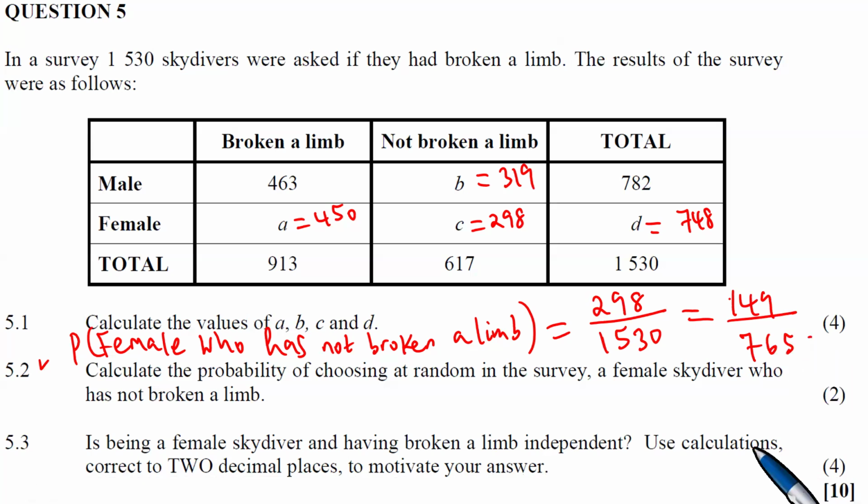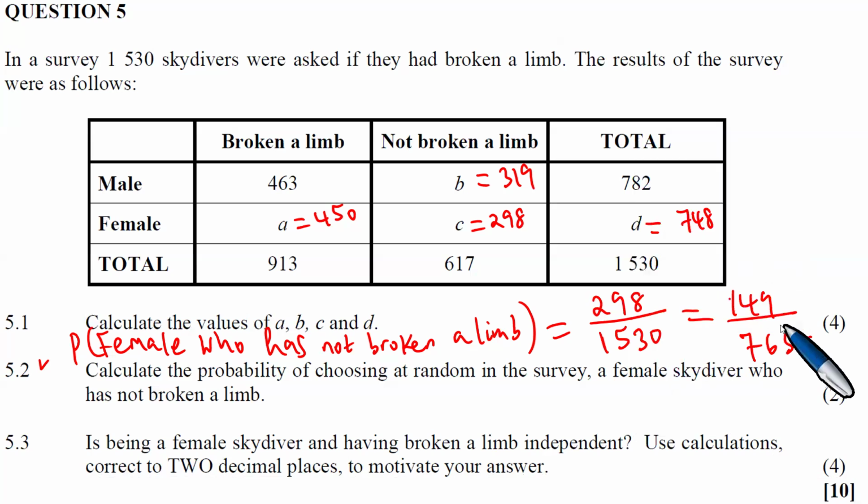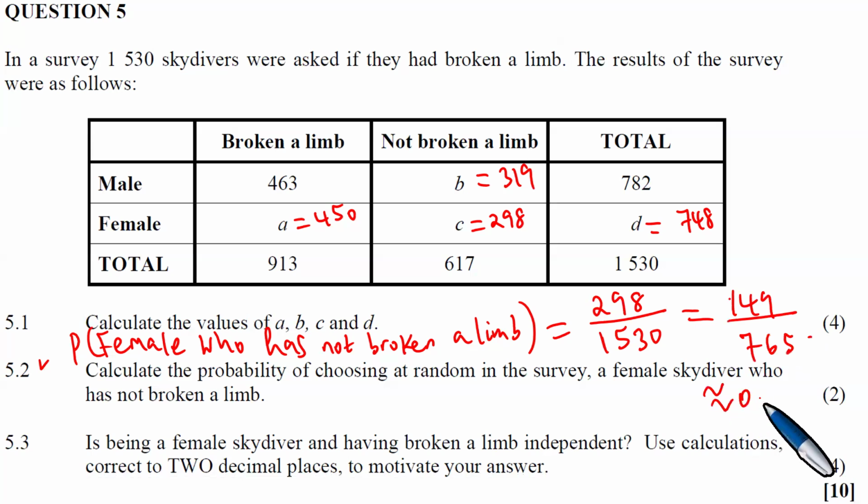All right, obviously you can write this as a decimal, using the SD button, which is actually 0.19, two decimal digits. This is the probability of choosing at random in the survey a female skydiver who has not broken a limb. Next question.